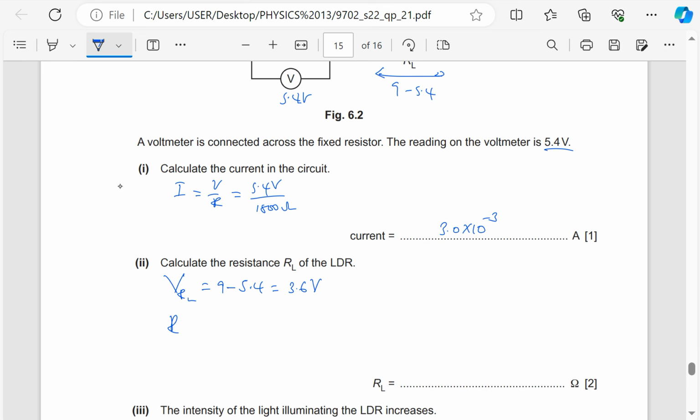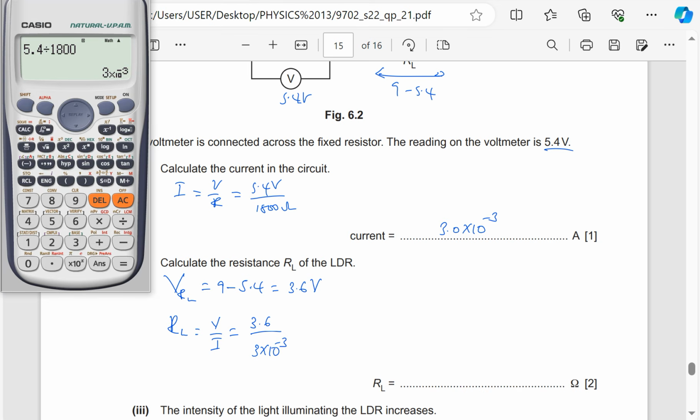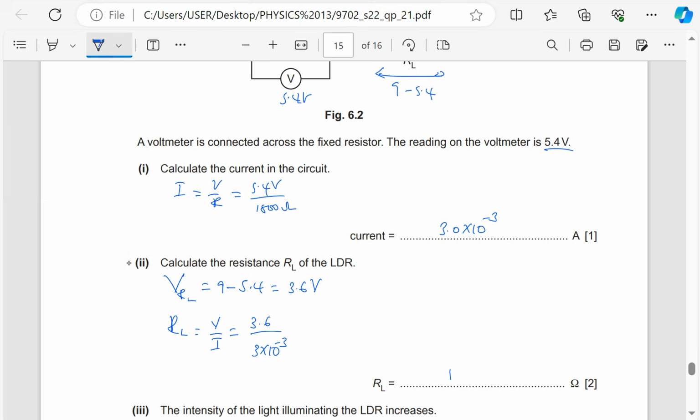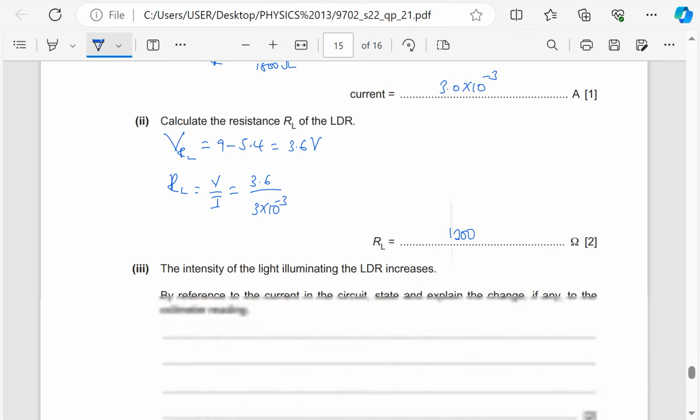Then we want resistance RL, which will still be V over I. So this will be 3.6 divided by 3 times 10 to the power of minus 3, which is 1200 ohms.